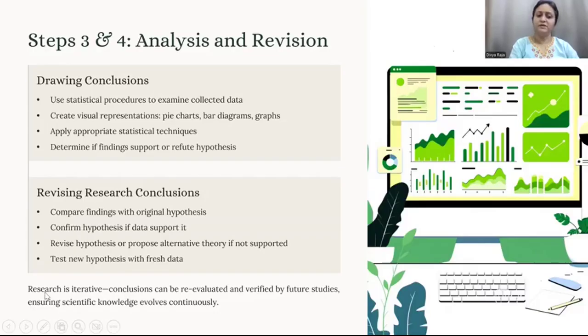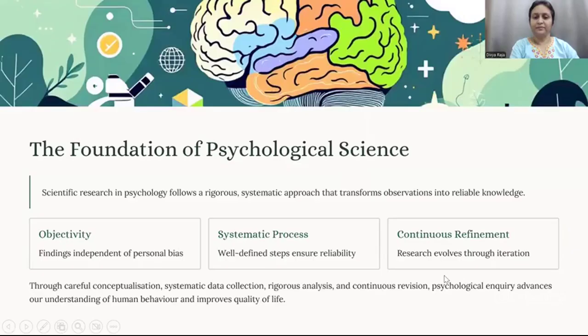Therefore, scientific research is iterative, conclusions can be reevaluated, and whatever research I conduct today, it will be verified by researchers who will work on the same topic tomorrow, ensuring scientific knowledge evolves continuously. So, scientific knowledge in psychology follows a rigorous systematic approach which transforms observations into reliable knowledge.